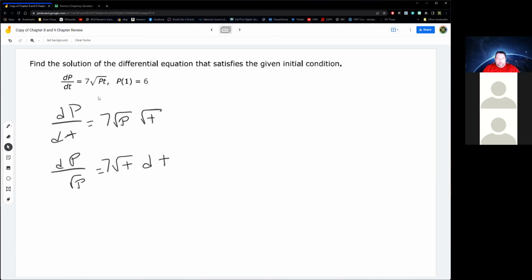Because I take that square root apart, remember, you multiply to put them together, so I can split them apart the same way. So I do my integral of both sides.